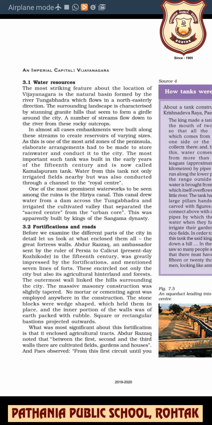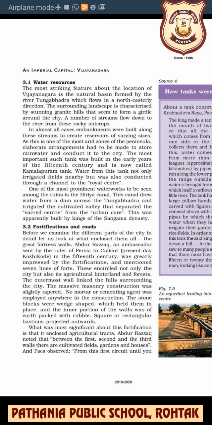One of the most prominent waterworks to be seen among the ruins is the Hiriya canal. Beta, whatever ruins we have found there, the leftover remains, the historians found out a very important waterworks. And do you know this Hiriya canal?